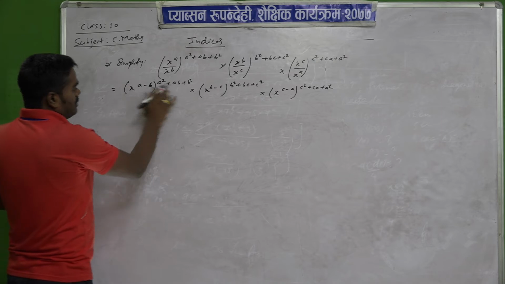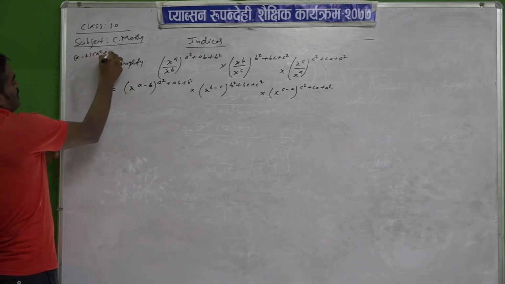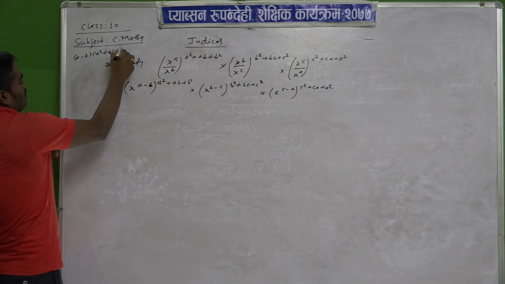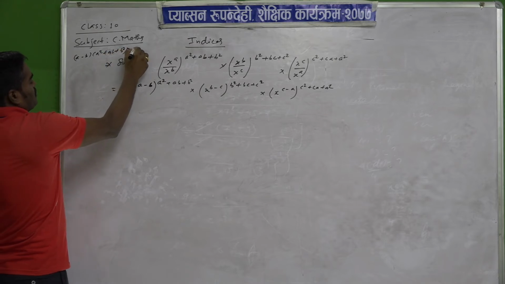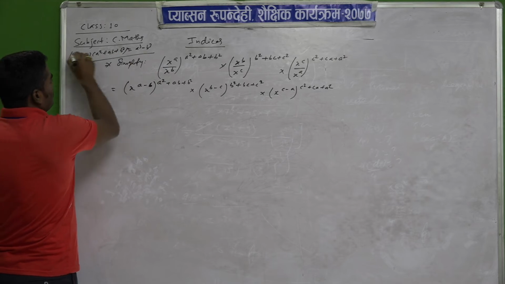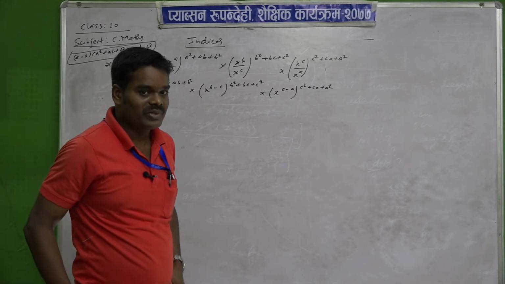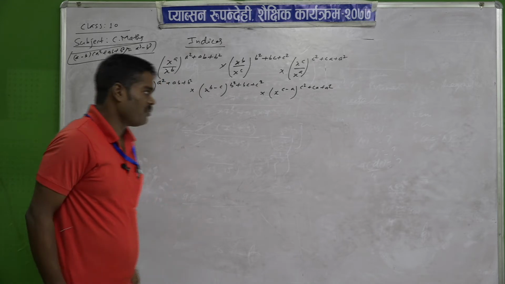So we have to multiply this, or you can use the formula also: a minus b into a square plus ab plus b square means a cube minus b cube. This is the formula. We can use this formula because they are given in the form of product.